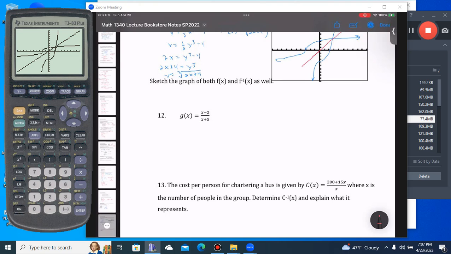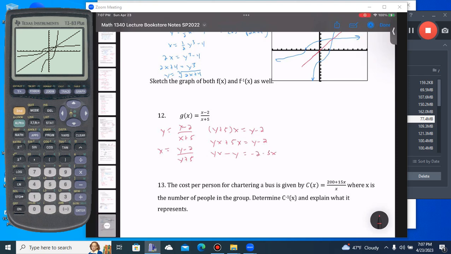Now x minus 2 over x plus 5. y equals x minus 2 over x plus 5. So x equals y minus 2 over y plus 5. We'll multiply the y plus 5 over, so we have y plus 5 times x equals y minus 2. yx plus 5x equals y minus 2. Subtract the y over. yx minus y equals -2 minus 5x.